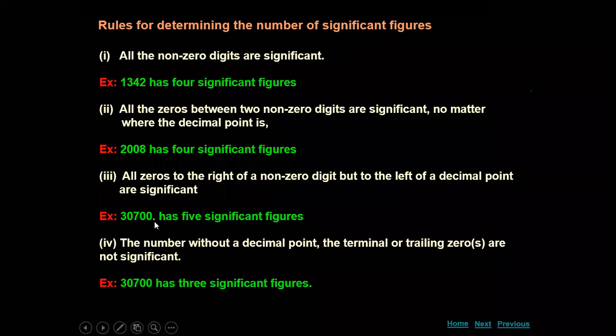Here the decimal is there, so the significant figures are 5. Here the decimal is not there, so the significant figures are only 3. So trailing zeros are non-significant if they don't have a decimal point at the end. Here they are significant, as there is a decimal point. These are the 4 rules. We have some more, we will go with them now.